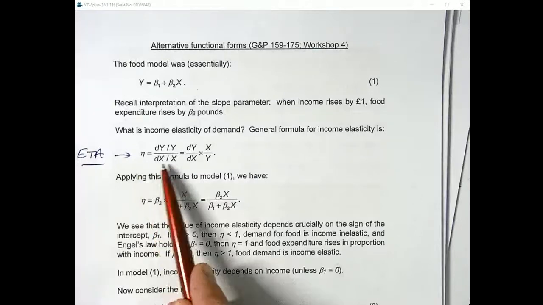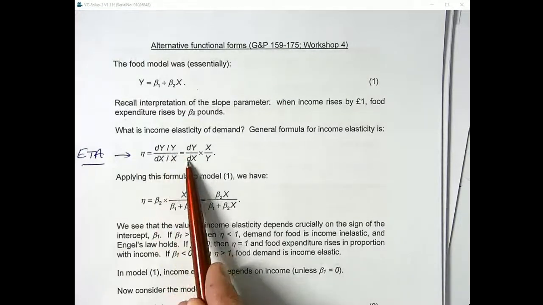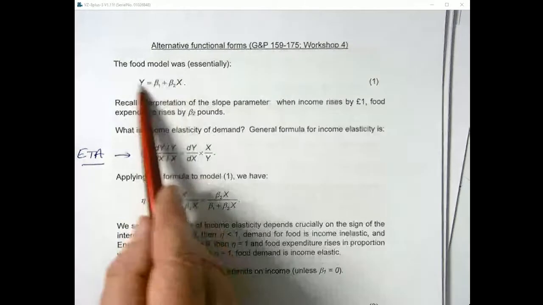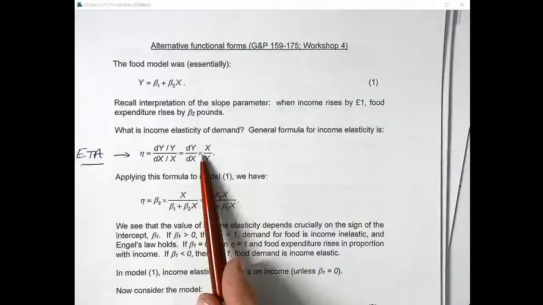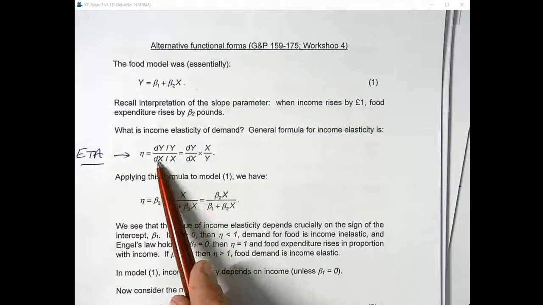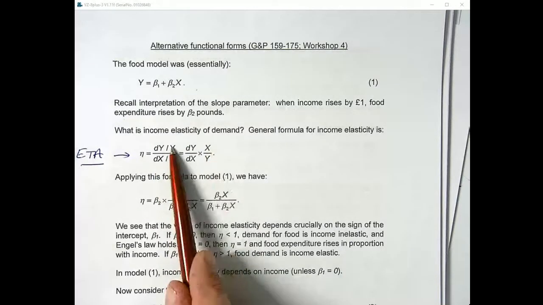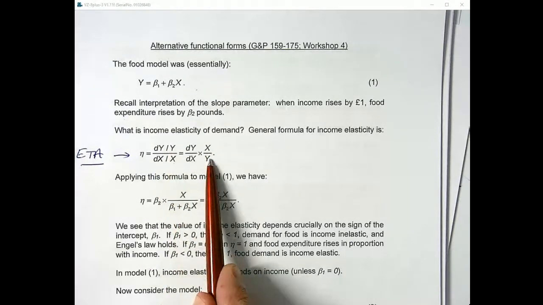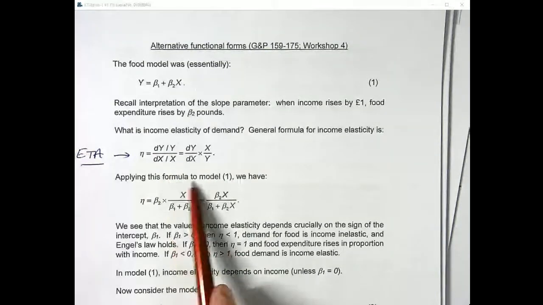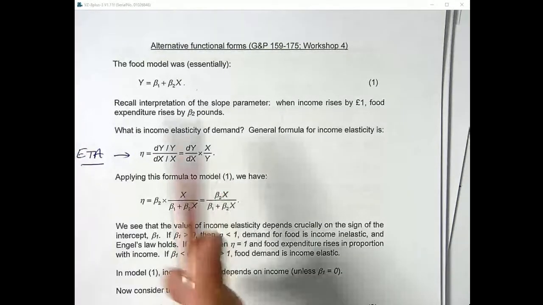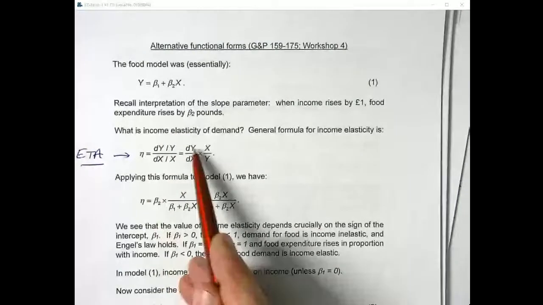elasticity. And if you rearrange this, you can write it as dy by dx, which is the slope, times x, because it's the denominator divided by x, the x goes there, and the y goes there. Applying this formula to model 1, what do we have?